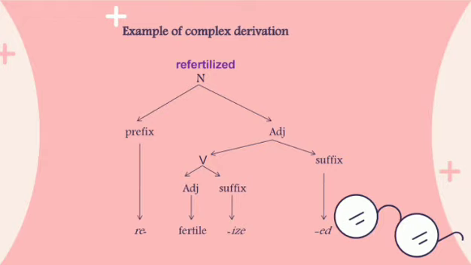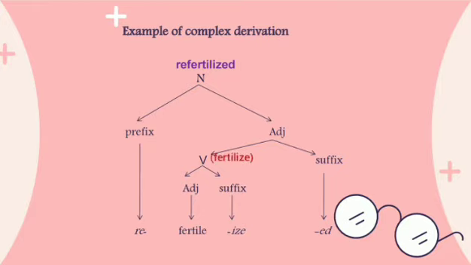Refertilized is a noun. And there are three affixations in the word refertilized. First, the suffix ize is attached to the adjective fertile in order to convert it into the verb fertilize.